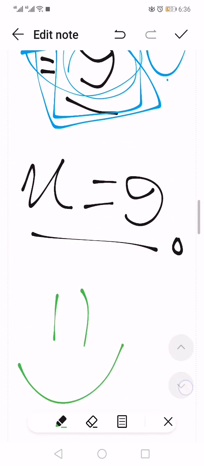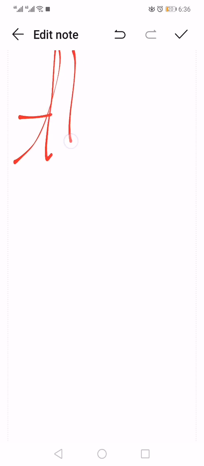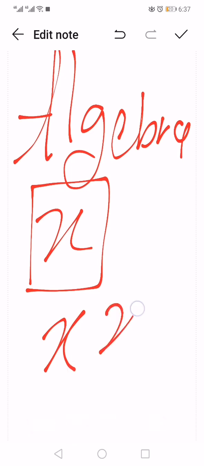Let me go to the end. Let's write what you learned. You learned algebra and the alphabets of algebra. For example, x is my favorite. It's so satisfying to write. Am I right?